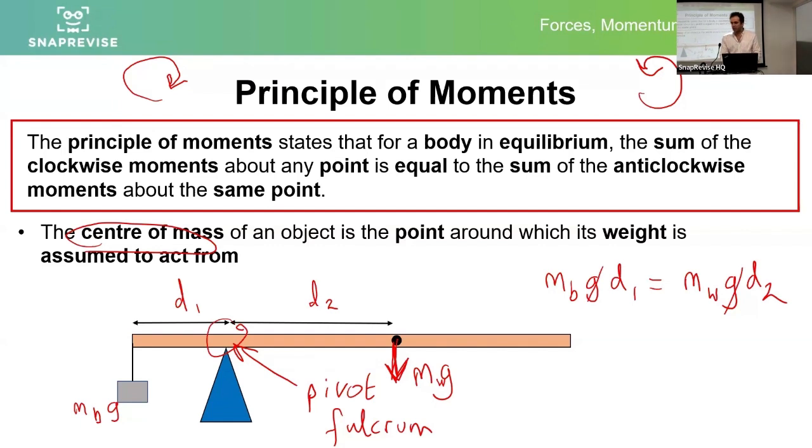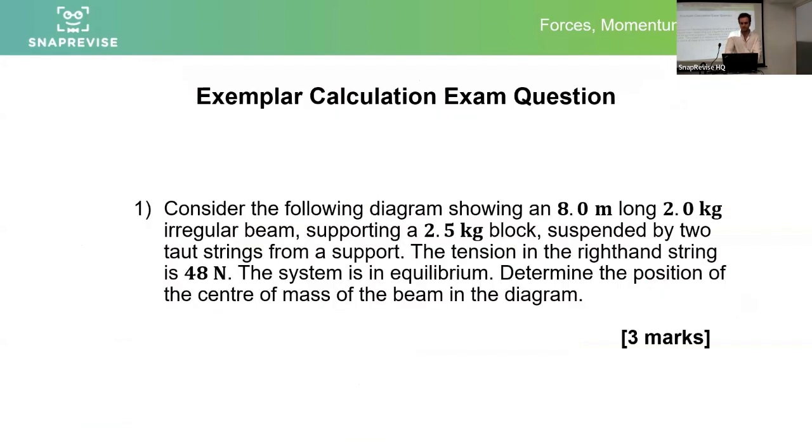The truth will turn out to be that it does not really matter what pivot you choose. You could have done this whole question choosing this point over here as your pivot. The maths would work out such that it would all balance, but you'd then have to consider what's the contact force being applied at the pivot there, which makes things a little bit more complicated.